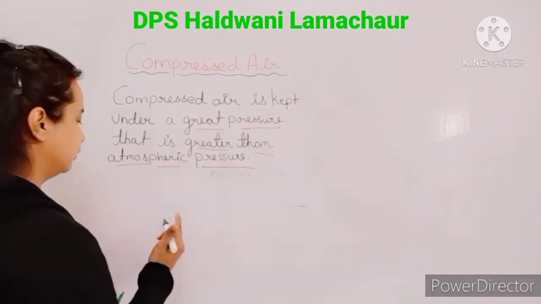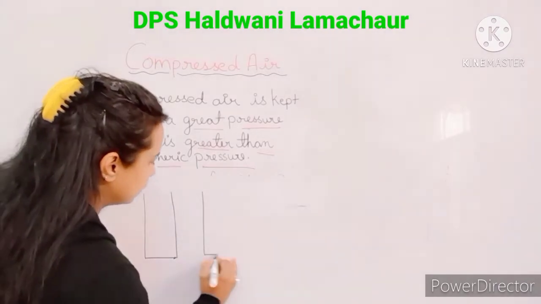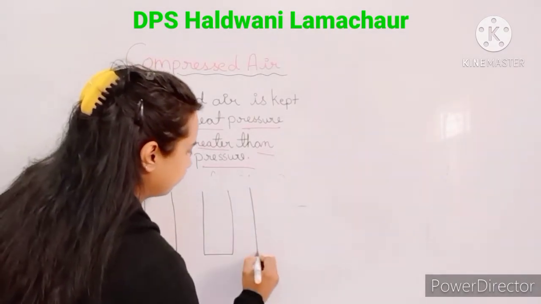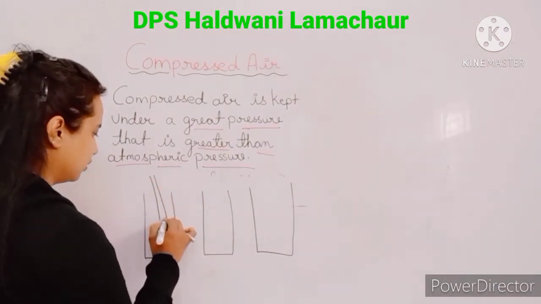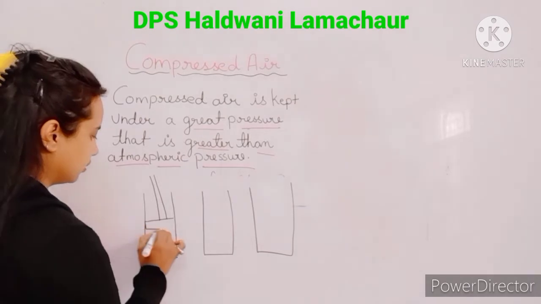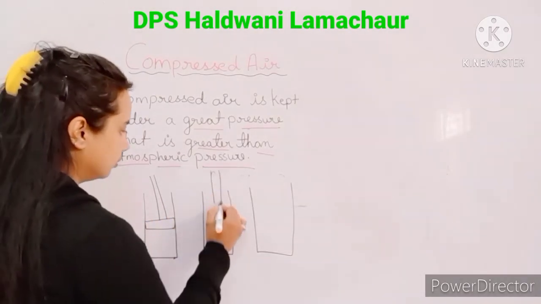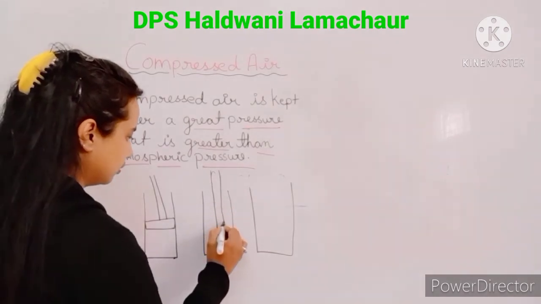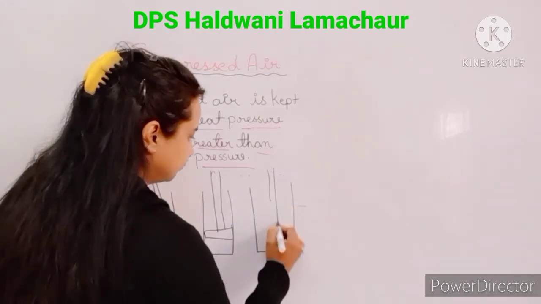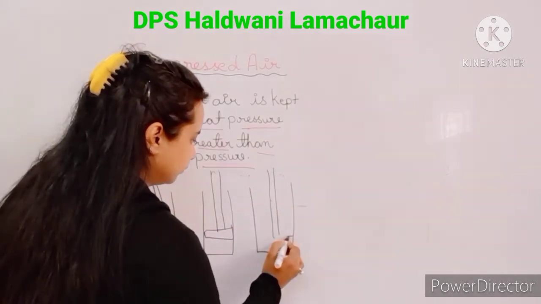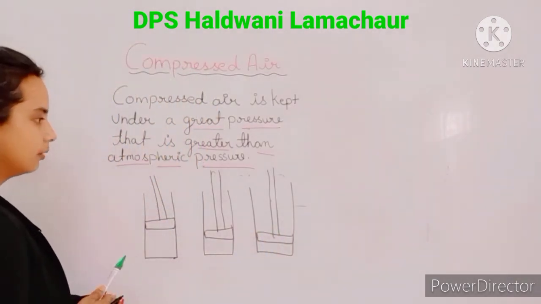So here are the three chambers, the three chambers are here, and this is a compressor. I am making it here. So this is the compressor.